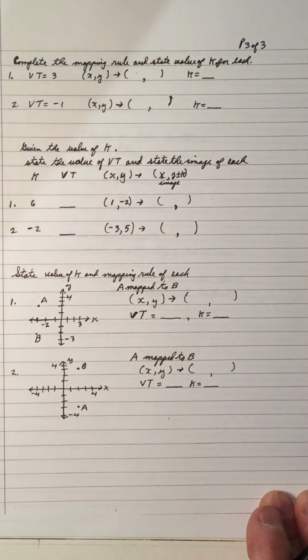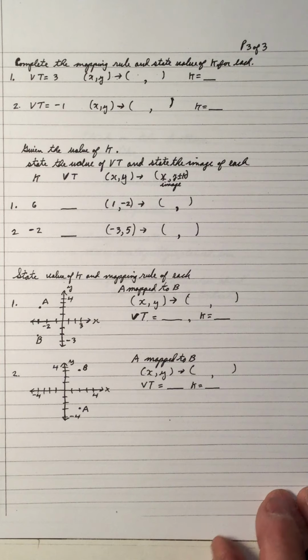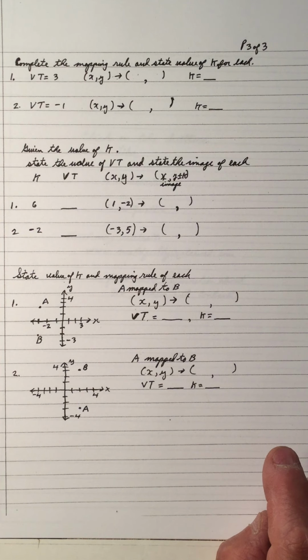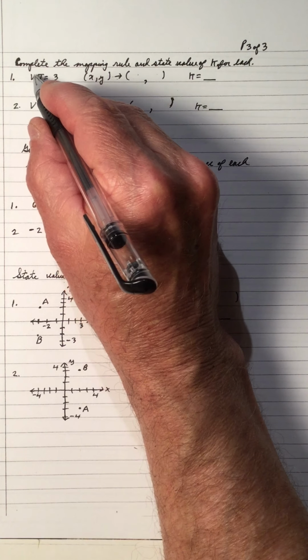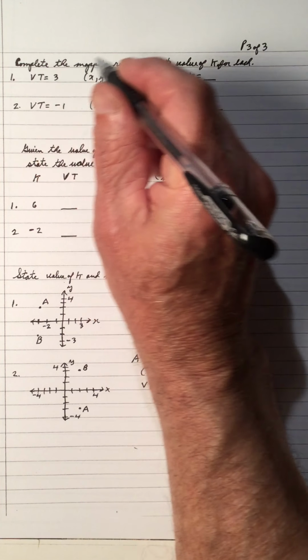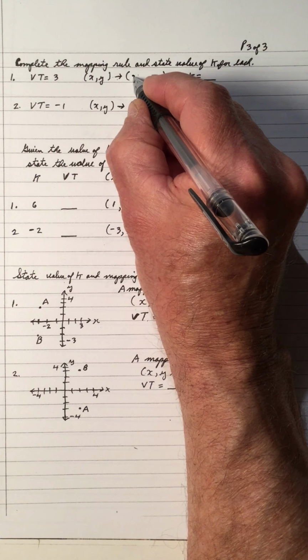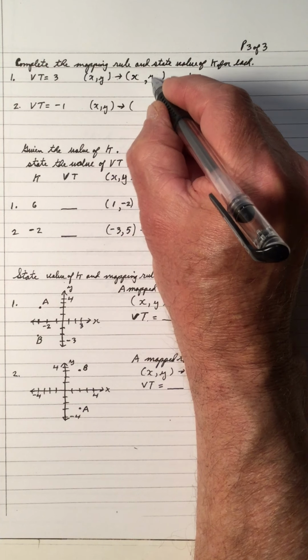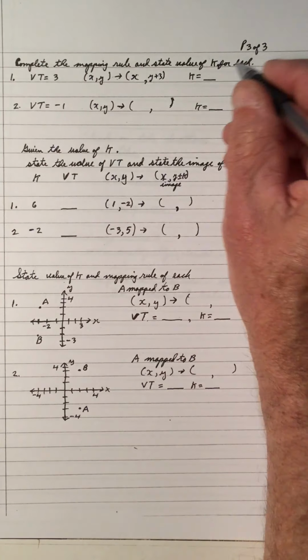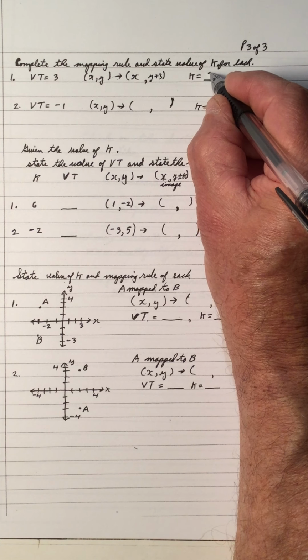Okay, let's continue. Complete the mapping rule and state the value of k for each. The vertical translation is plus 3. The vertical translation is affecting the y. So that's an x, and so that's a y plus 3. So k is 3.